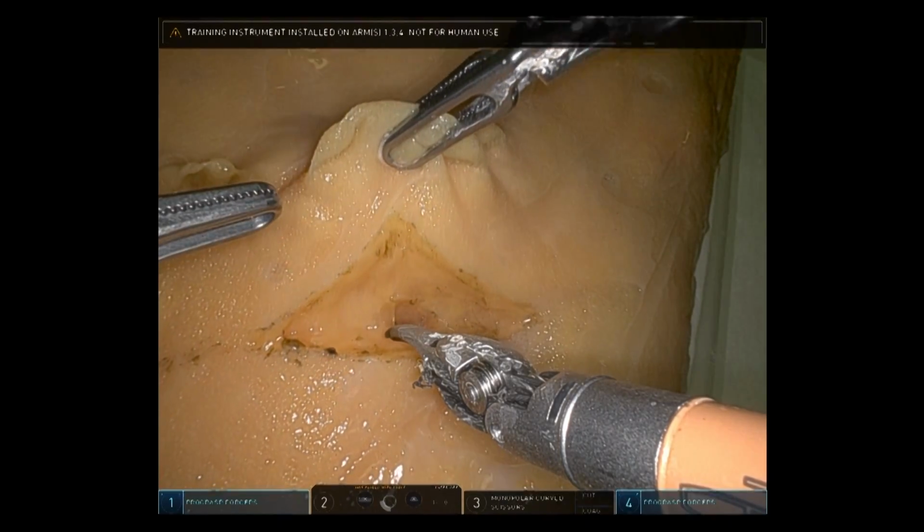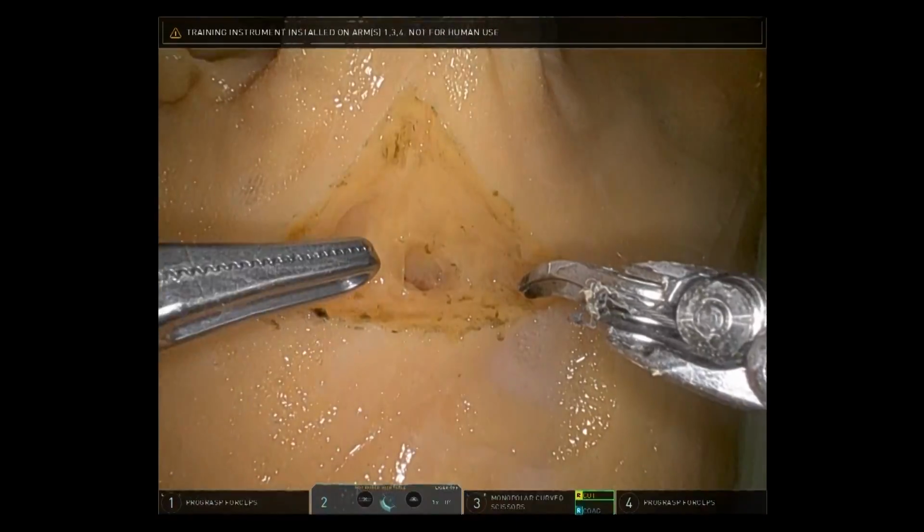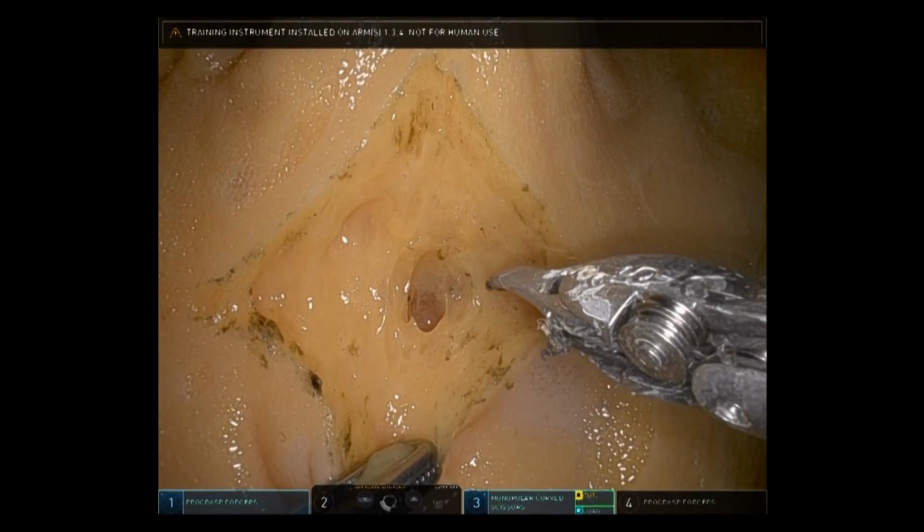Vertical dissection of the mesentery exposes a characteristic dorsal areolar layer.